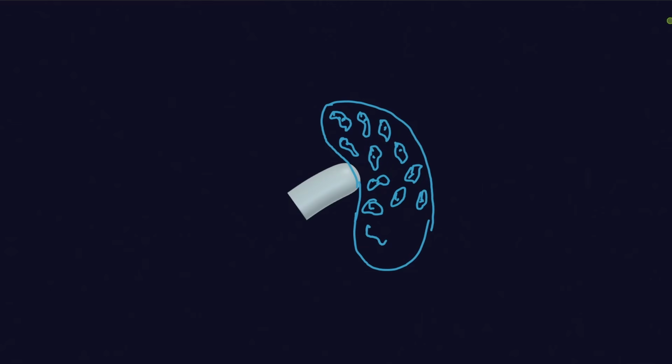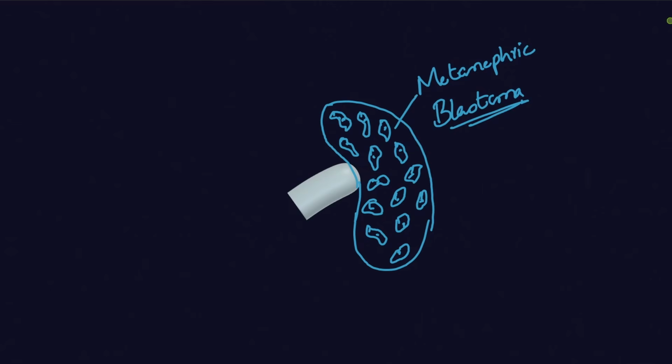Now it is called metanephric blastema. Initially it was metanephric mesenchyme, or simply metanephros. Now it is called metanephric blastema. Blast means that it will rapidly divide and form something, so it is the metanephric blastema, and it will form the metanephric cap.